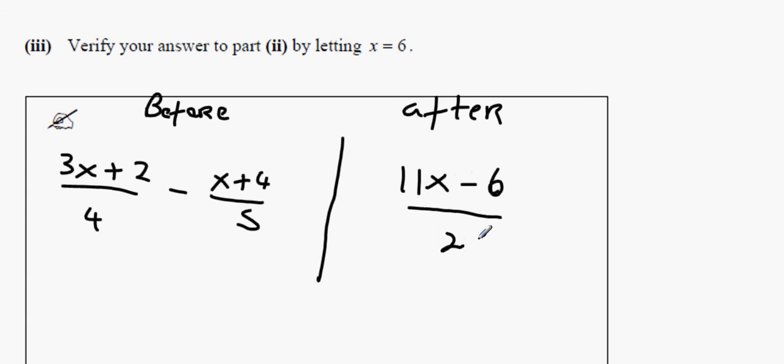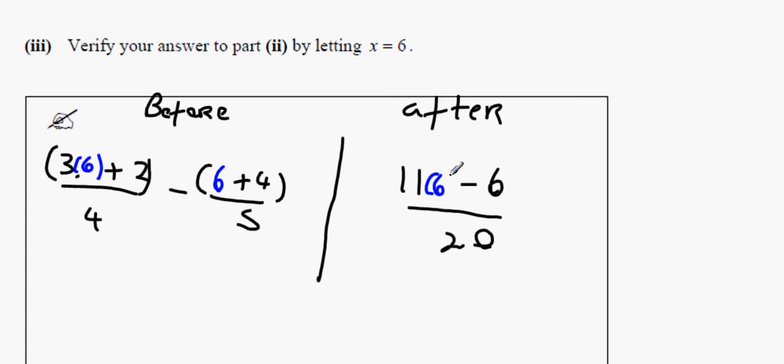Now, what we're told to do is we want to replace x with 6, okay? So let's rub out the x's and replace them with a 6. Okay, so it's going to be 3 times 6 plus 2 over 4, minus 6 plus 4 over 5, and then over this side it's going to be 11 times 6.